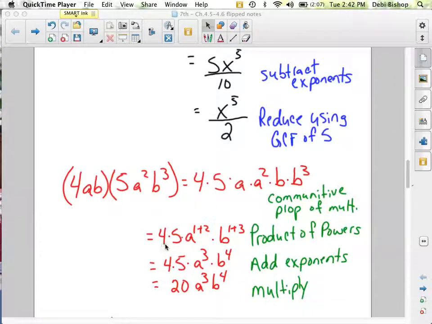Now my product of powers, so I have 4 times 5 times a to the 1 plus 2, because remember, a by itself is like a to the first power, times b to the 1 plus 3. Add my exponents, 4 times 5 times a cubed times b to the 4th, and then multiply my numbers, and I get 20a cubed b to the 4th. And when you write it, you want to keep them all together and keep your variables in alphabetical order.